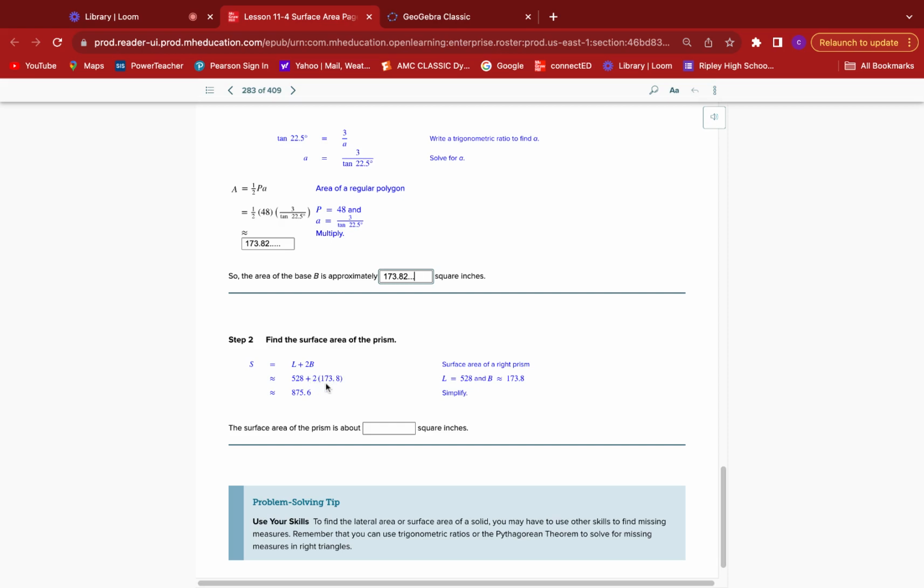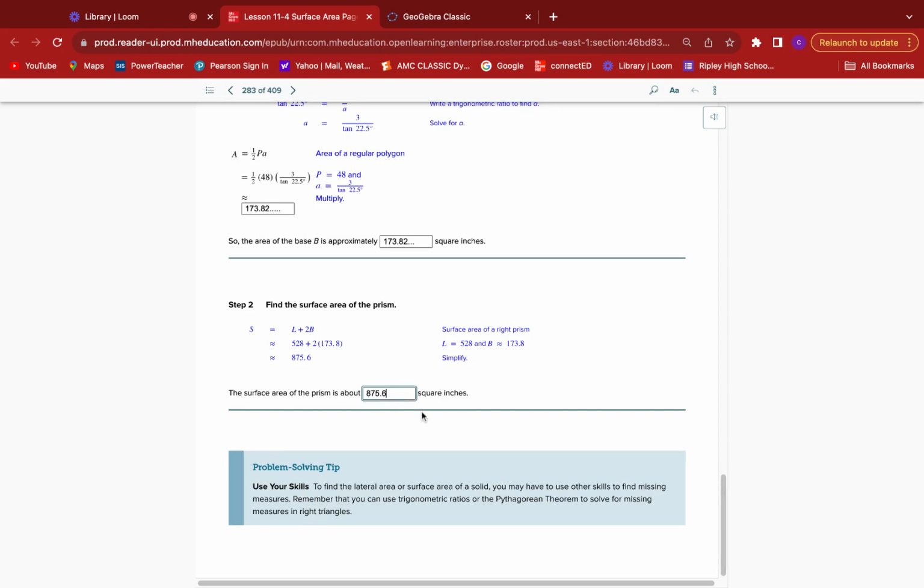That's why there are 2 of them. And that's going to give you 875.6. So the surface area of this prism is approximately 875.6 square inches. All right, so that is all for example number 1.